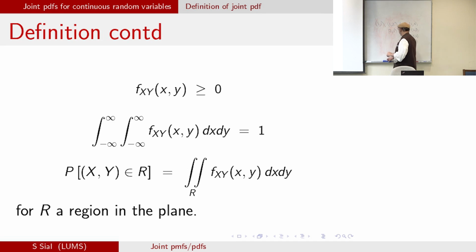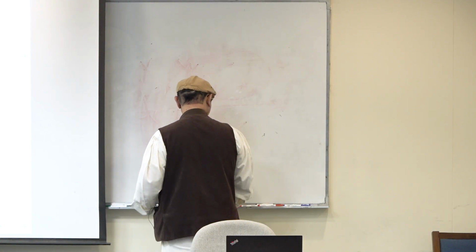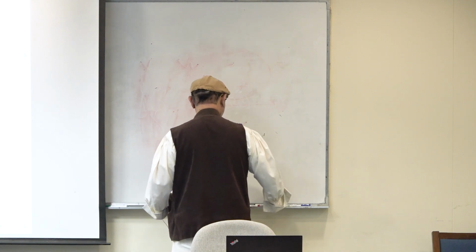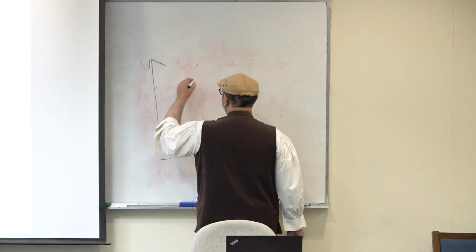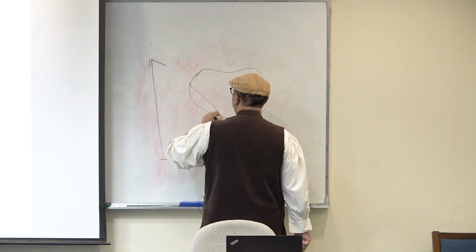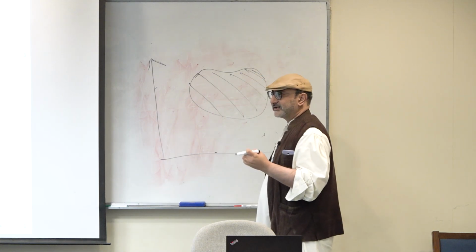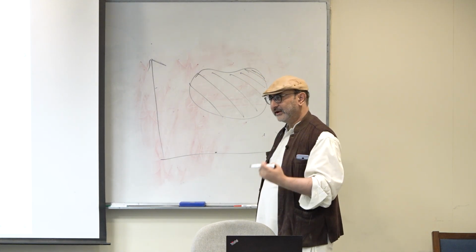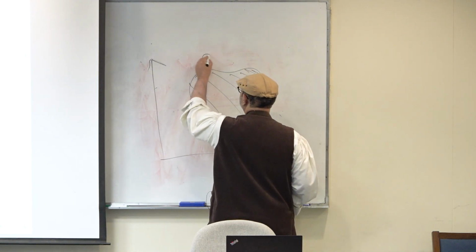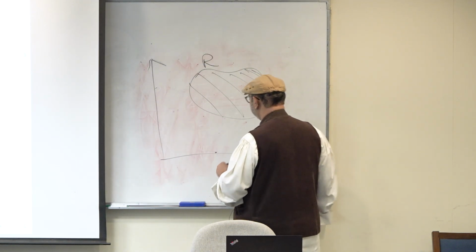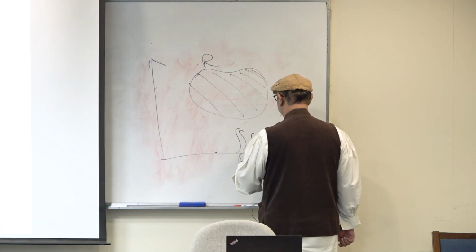So now, what's the probability that the ordered pair xy lies within this region R? Well, you do the double integral over the region R of the probability density.